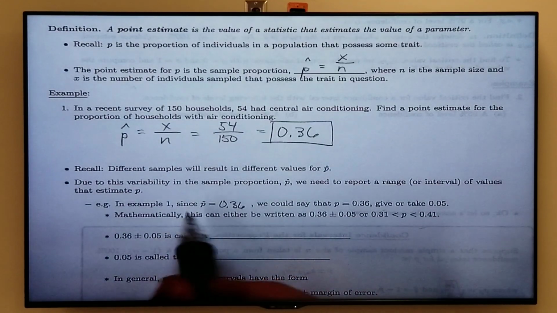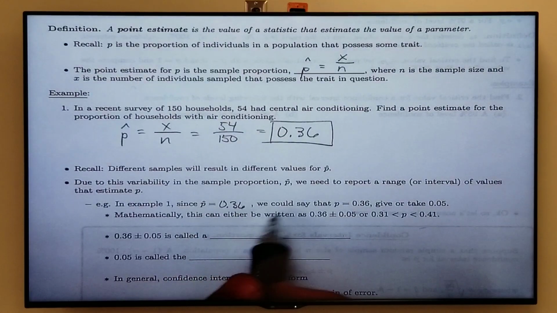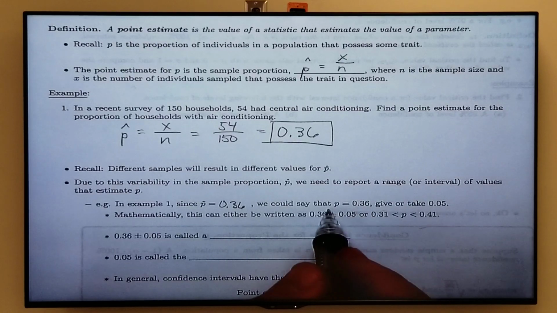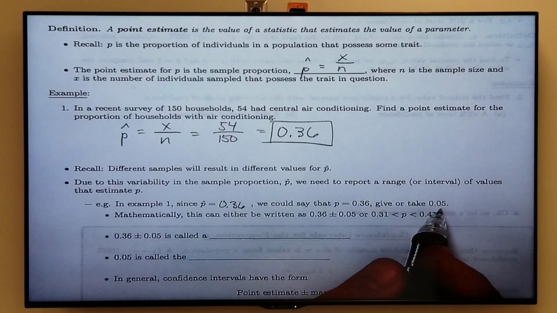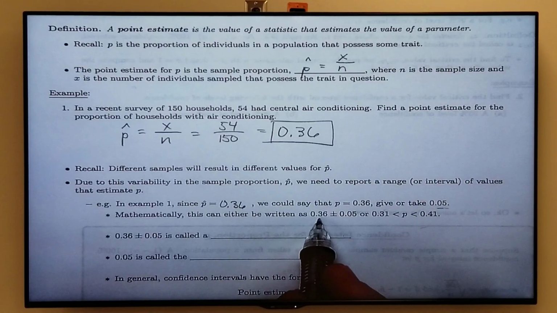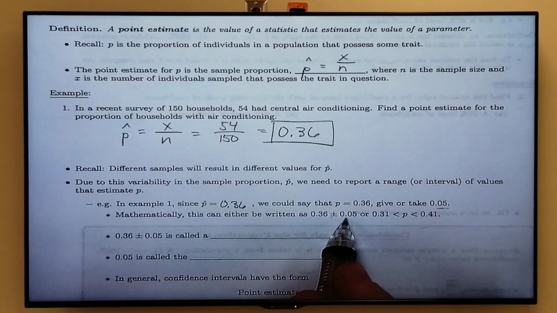If P hat, our sample proportion, is 0.36, then we could say the true population proportion is probably pretty close to 0.36. It's probably 0.36, give or take a little bit. Mathematically, this could be written in a couple of different ways. We could rewrite it as 0.36 plus or minus 0.05.